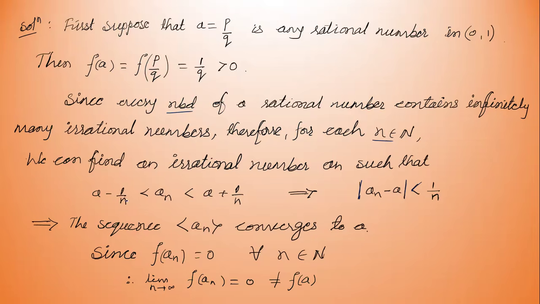That means an lies between a minus 1 by n and a plus 1 by n. The sequence an converges to a.